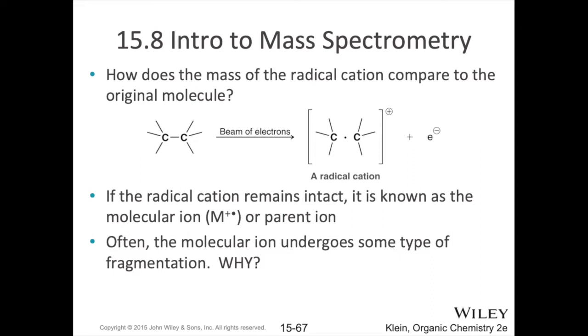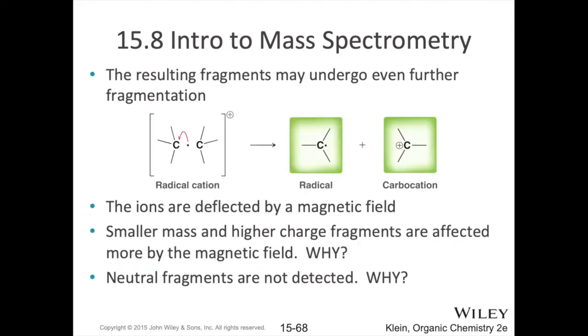Now, that being said, oftentimes your molecule will fragment further. It'll break apart into smaller pieces as your radical cation tries to become more stable. Okay, so for example, here we can have an electron from our radical transfer over to one atom, and we can see that our radical cation breaks apart into a radical and a carbocation, right?